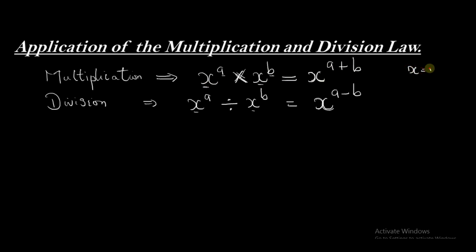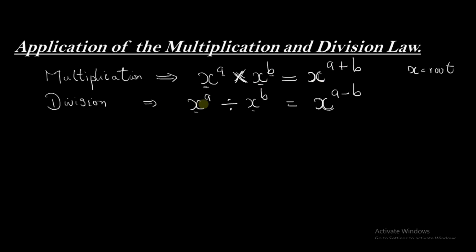So whenever you have two root numbers that are the same and are separated by multiplication, what you need to do is just take one of the root numbers, which is this x, and add the powers. This is just what the multiplication law is all about.